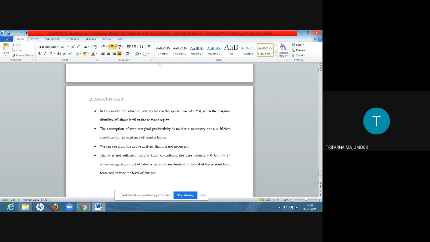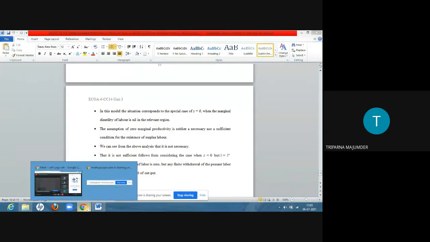It is not sufficient because we can have a situation where we may have zero marginal product, but surplus labor may not exist. So zero marginal productivity is neither necessary nor sufficient for the existence of surplus labor.